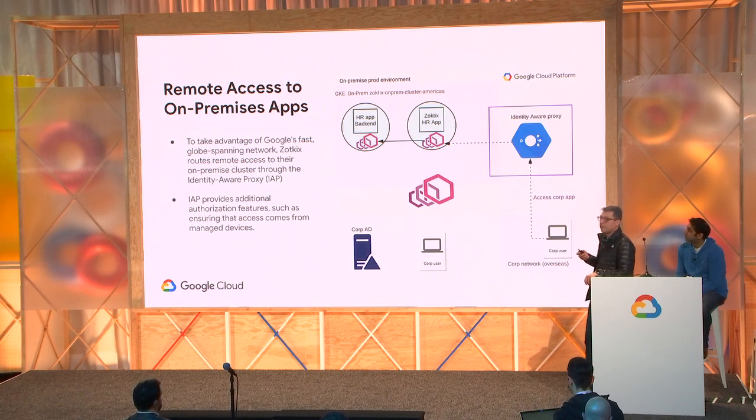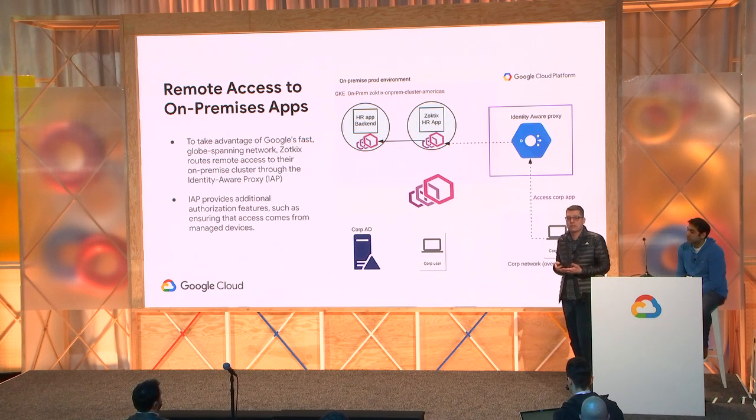And by using IAP in addition, you get access to the context-aware authorization rules that IAP provides. For instance, you can configure that some operations require second-factor authentication or that the device is in a good state.